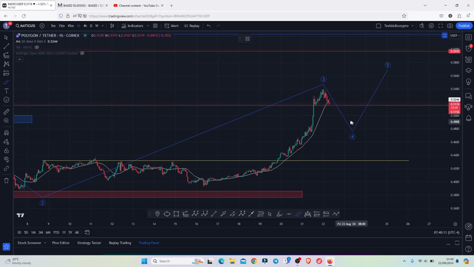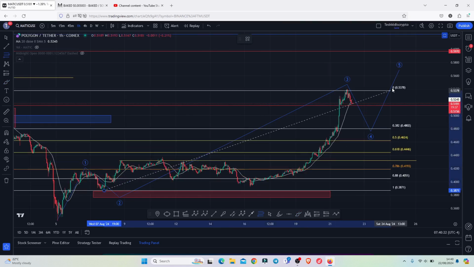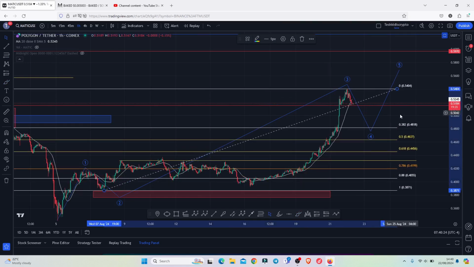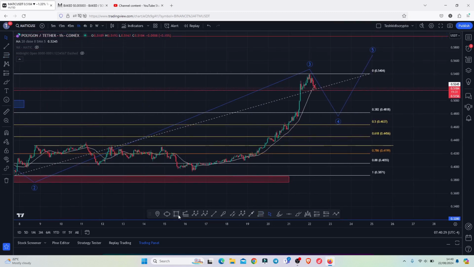And if that is the case, then using the Fibonacci's we need to identify the minimum pullback target areas for the fourth wave by connecting the fibs from the low of the second wave to the high of that Elliot wave count 3, giving me a minimum pullback target area into the area between the fib level 0.382 and the fib level 0.5, and that perfectly lies between the 0.4818 and the 0.4637, which is the area that I have highlighted here on the charts.